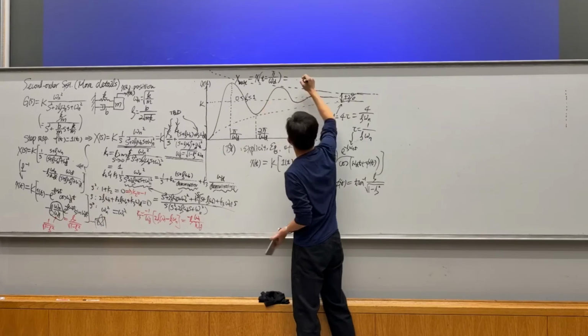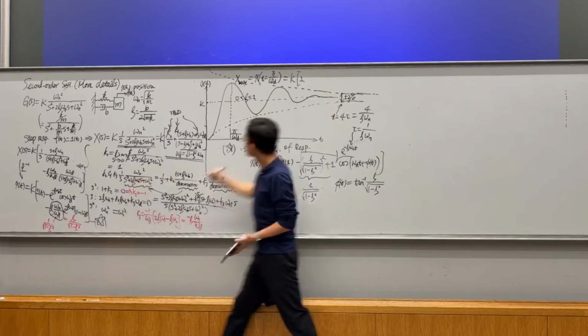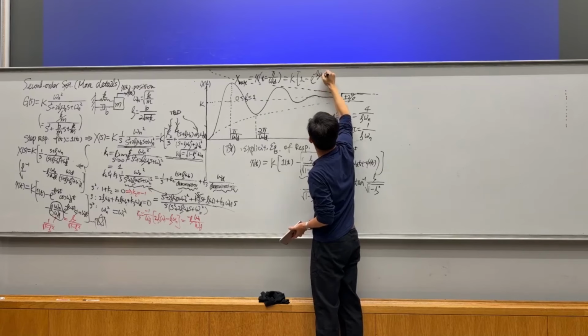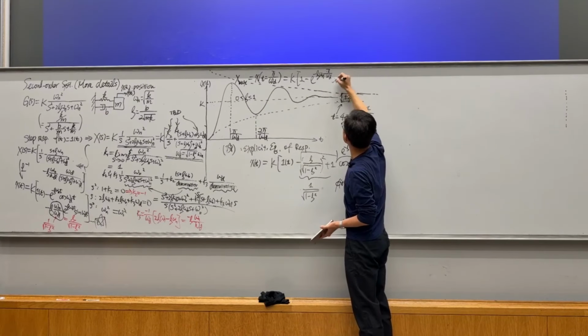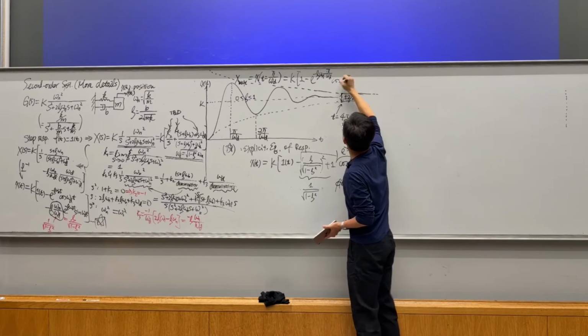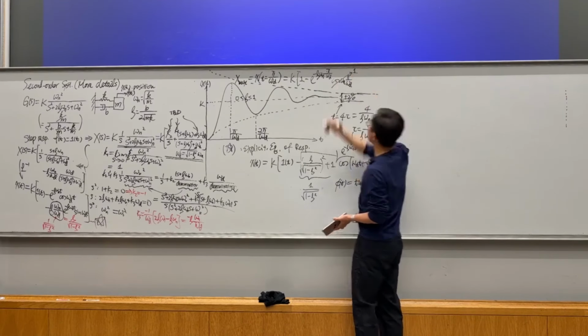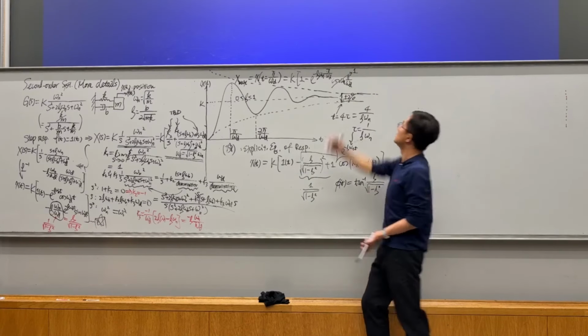It's going to be k times 1 minus e to the negative zeta omega n pi over omega d times the cosine term. So it's cosine omega d pi over omega d, or in other words, this is 1. Cosine pi is negative 1.